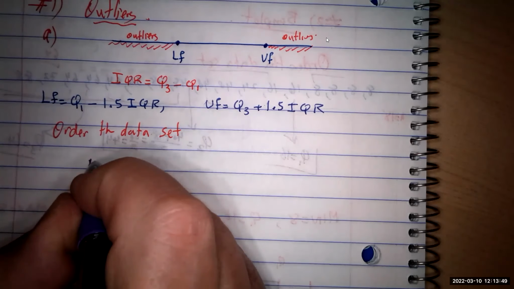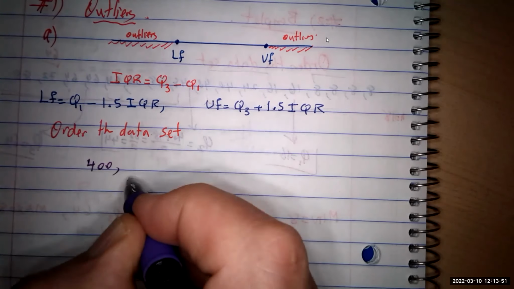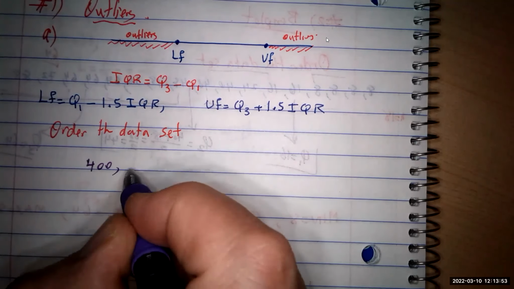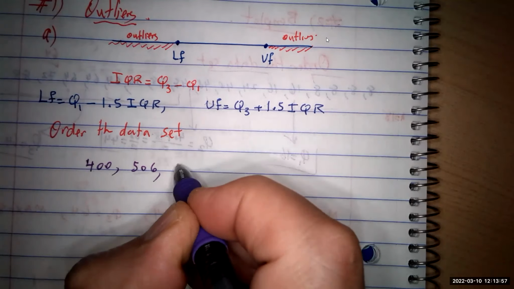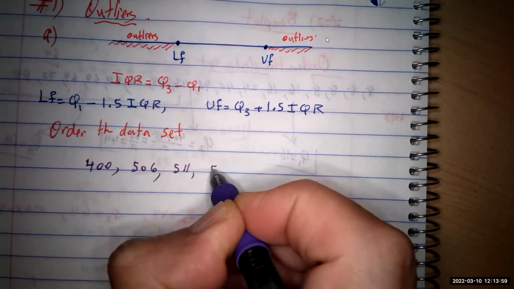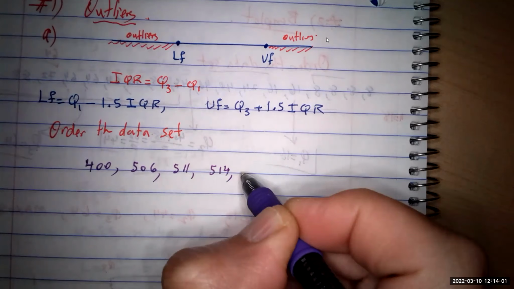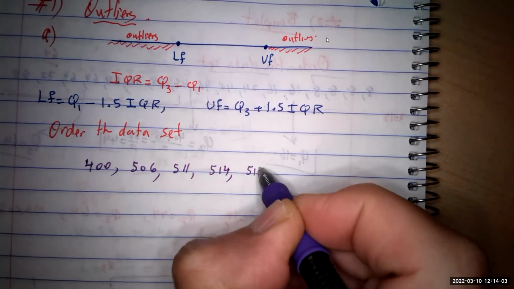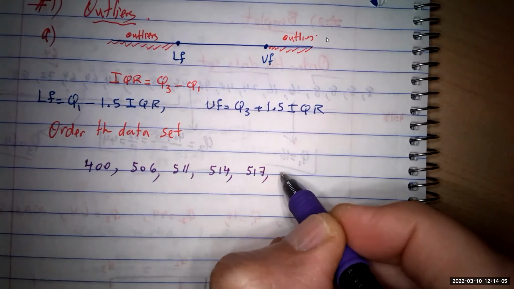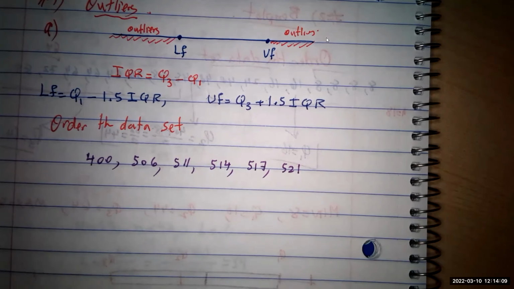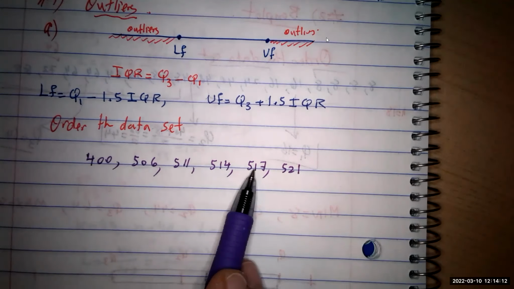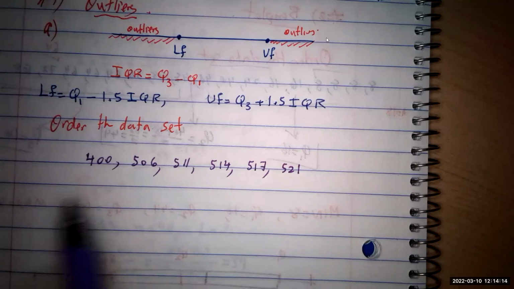So this is going to be the ordering. You start with 400, 506, 511, 514, 517, and 521. That's it. So 1, 2, 3, 4, 5, and 6 members.